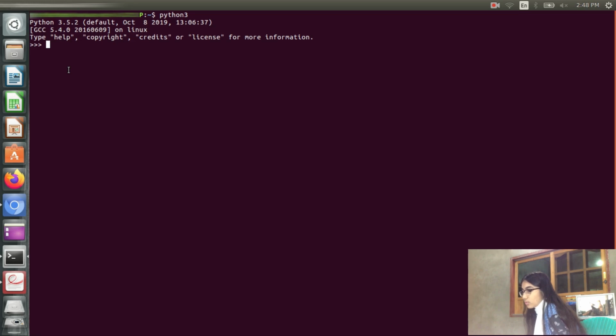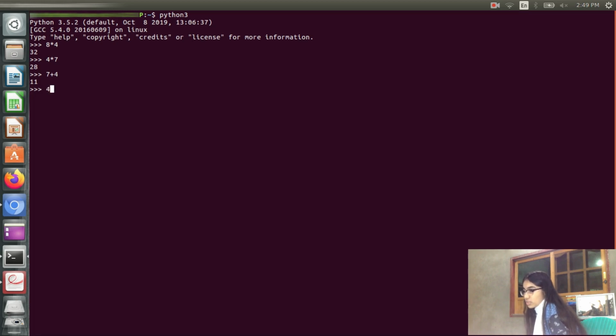Here I am going to write 8 into 4. We do not have to use a multiplication sign; we have to use the asterisk sign. Here the answer is 32. Another example, 4 into 7 is equal to 28. If we add two numbers like 7 plus 4, the answer is 11. The same sign is used for addition and subtraction.